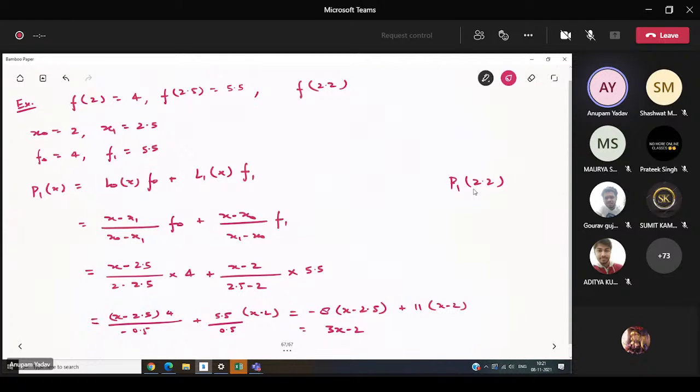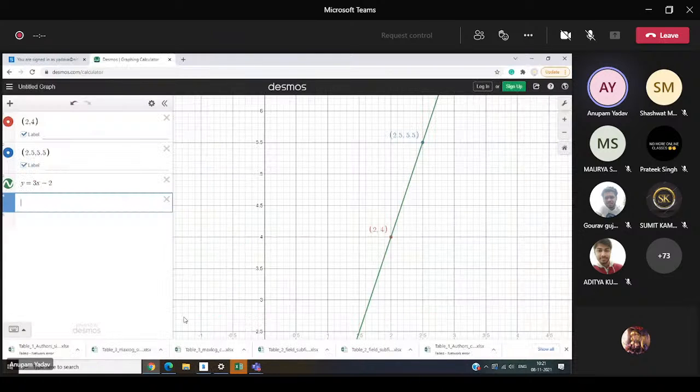This P1 of 2.2 will come out to be 4.6. In this way, this interpolating polynomial will help us get the unknown values of f at unknown points.